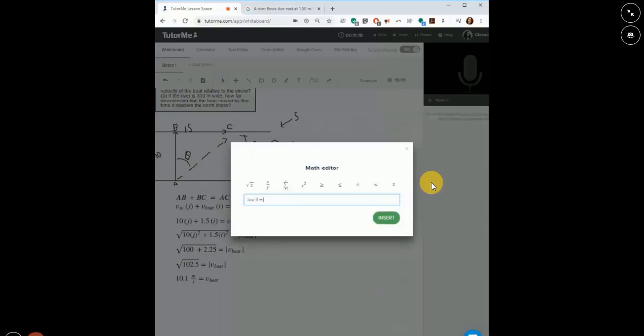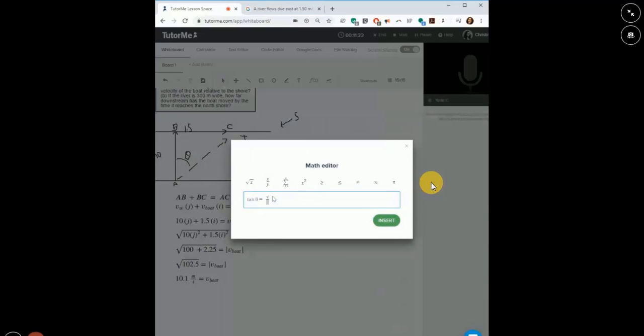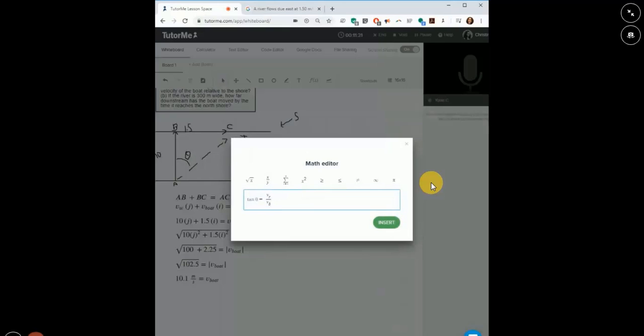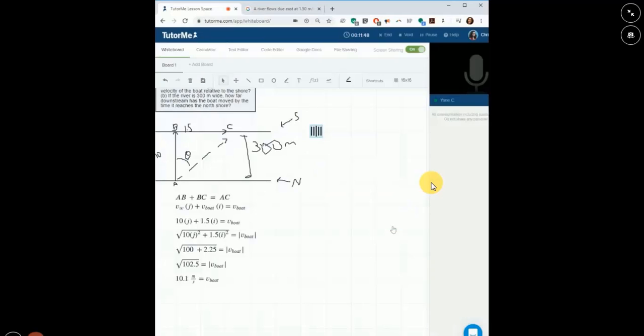So we start off by saying the tangent of theta equals v relative over v boat and water, which is going to equal what we have above, which is 1.5 over 10, which simplifies to 0.15. So the tangent of theta equals 0.15.